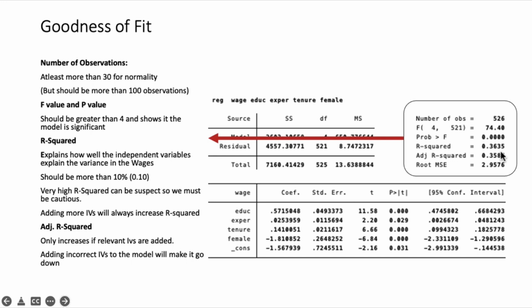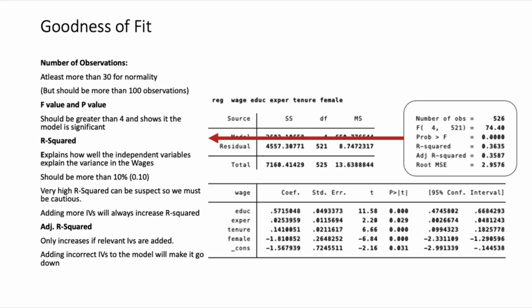So you're explaining 36.35% of the variation in the wage. There is no hard and fast rule that talks about how much the R square should be. Anything more than 10% is something that can be defended.